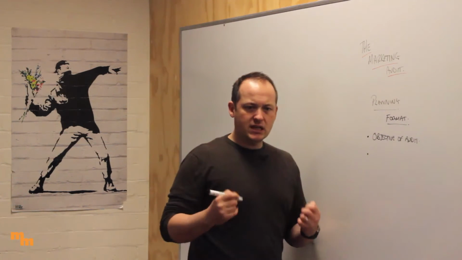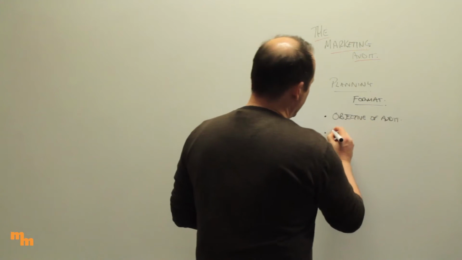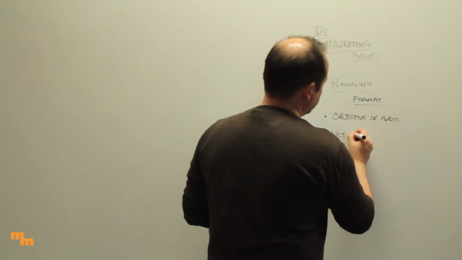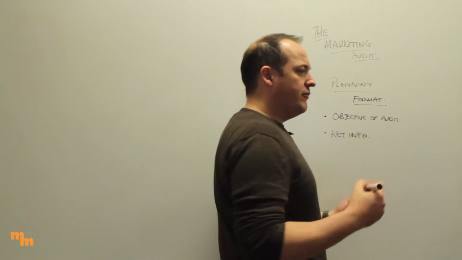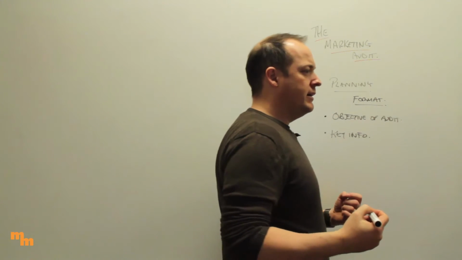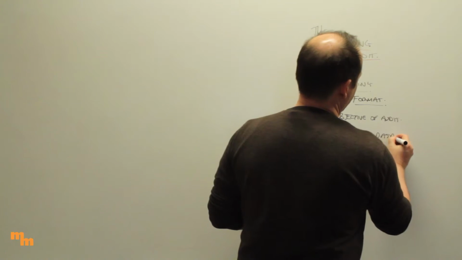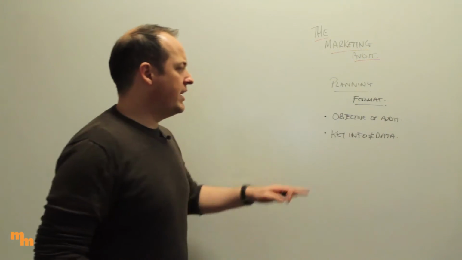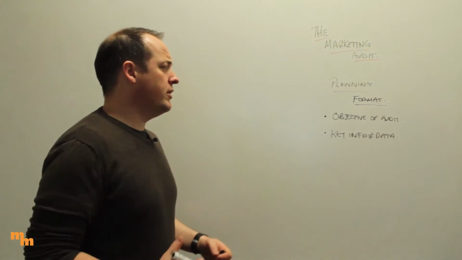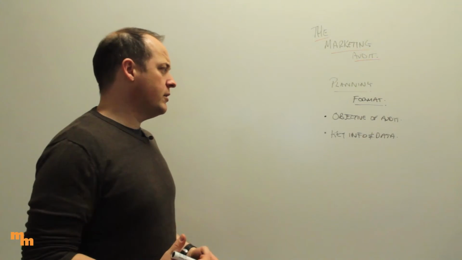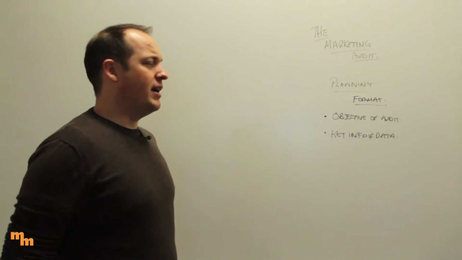The next thing we need to start to look at is what is the key information? So the key information that we require, and also, if we look at that, data is probably the way to go there. Okay, so what information do I need in order to conduct the audit, and what data do I need to have available to me in order to really go through and have a look at this?